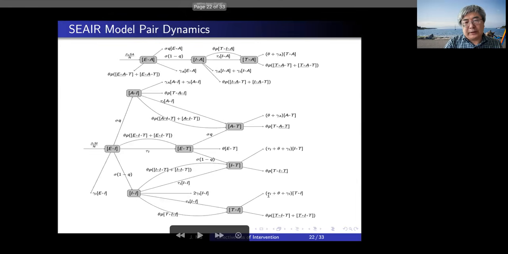And the pair dynamics, these are the pairs that we must track for the SEAIR model in order to close it. So I'm not going into too much detail of this flow chart. If you're interested, you can always just look at the slides or just discuss with us after the talk.